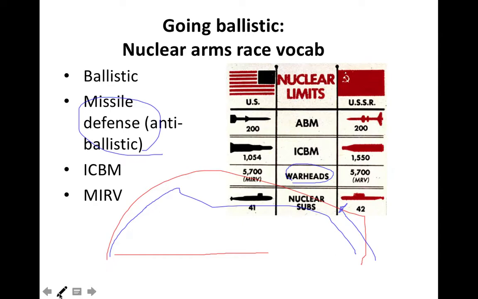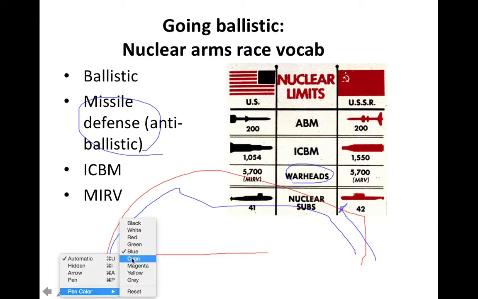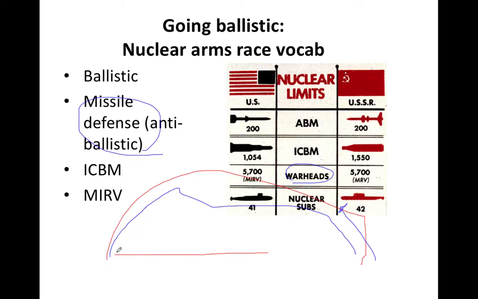So the missile would be launched, and then at some point in its trajectory, as it was nearing its location, multiple warheads could be released off of it. That's what a MIRV is, multiple independently targetable re-entry vehicles. That just means on one missile you can have multiple warheads.